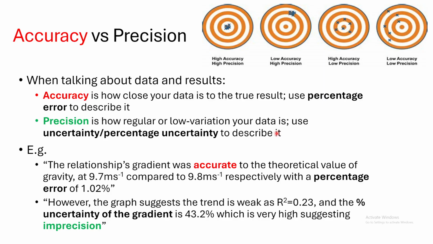This means that the graph is imprecise and the trend is imprecise as well. I forgot to mention, with precision, you can use R squared to talk about it as well, because that's essentially saying how precise your data is towards the trend line.